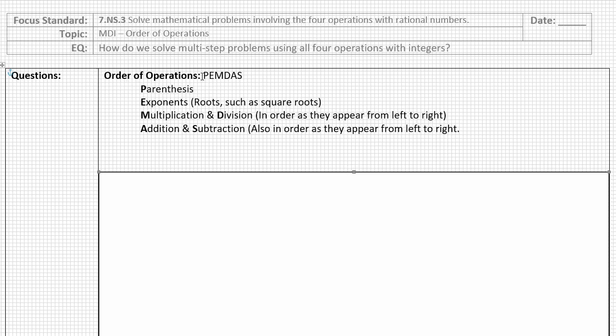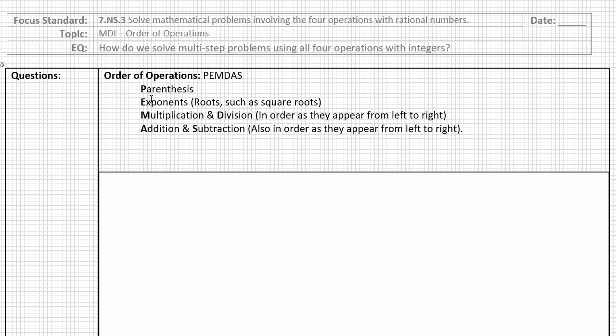So we're very familiar with using PEMDAS as our mnemonic to help us remember the order: parentheses, exponents, which can include roots such as square roots, which is the inverse operation of exponents, multiplication and division in the order that they appear from left to right, and lastly addition and subtraction, also in the order that they appear from left to right.